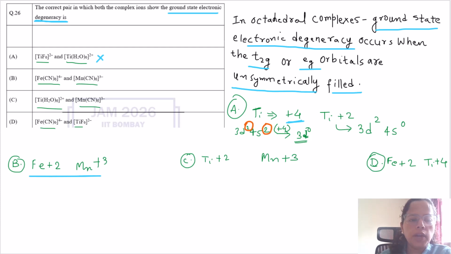Now for Fe2+. For Fe we have 3d6 4s2, and in the +2 oxidation state it will be 3d6 4s0. And for Mn3+, manganese is 3d5 4s2, and in the +3 oxidation state manganese will be 3d4 4s0. Now in option B, iron is linked to CN, cyano, which is a very strong field ligand.